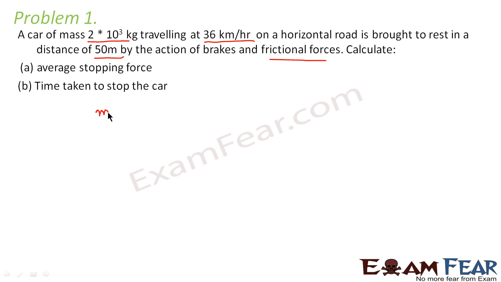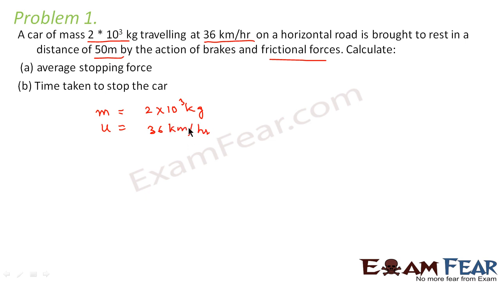So we are given the mass of the car, that is m is equal to 2 into 10 to the power 3 kgs. Now it says that it is traveling at a speed of 36 km per hour. That means the initial velocity of the car, which we denote by u, is 36 km per hour.